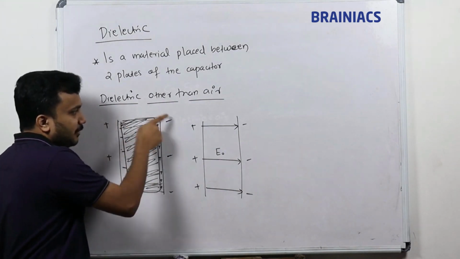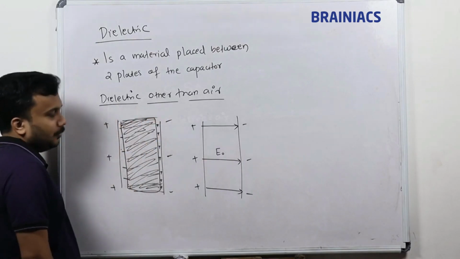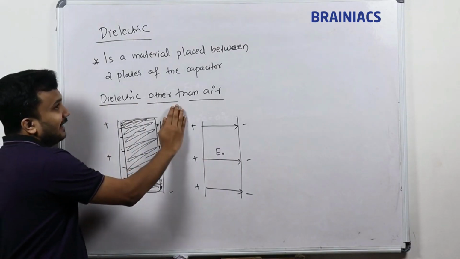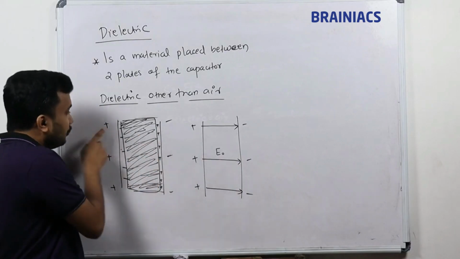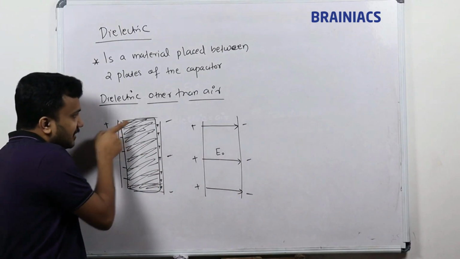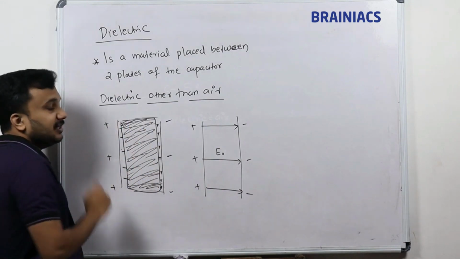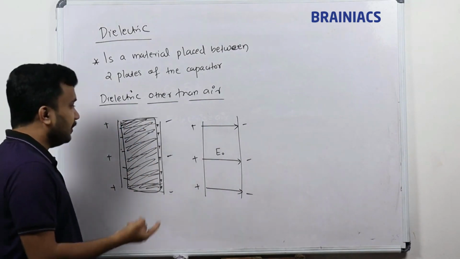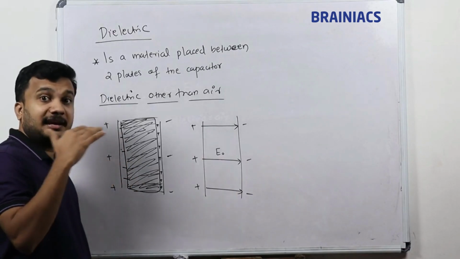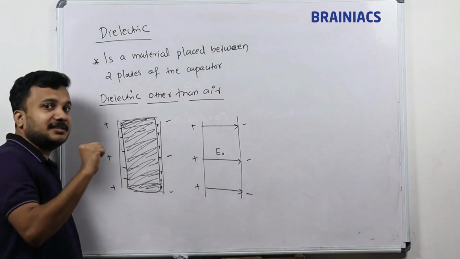This positive and negative are already there, so an extra negative strip and one positive strip will be formed if you place any material other than air. That is the speciality.